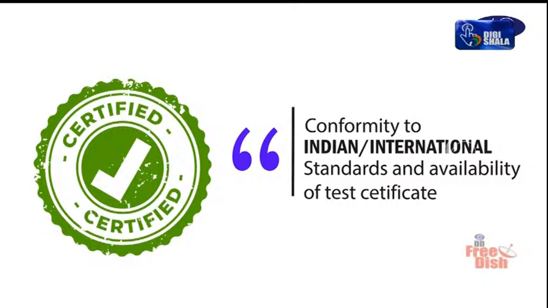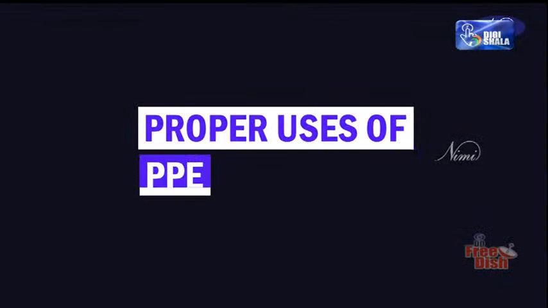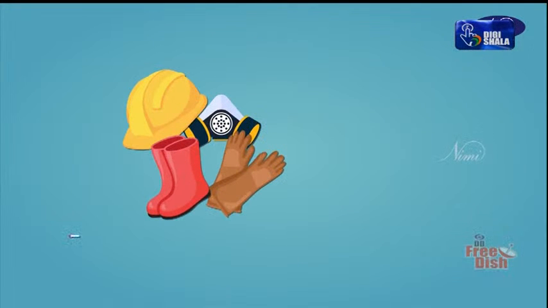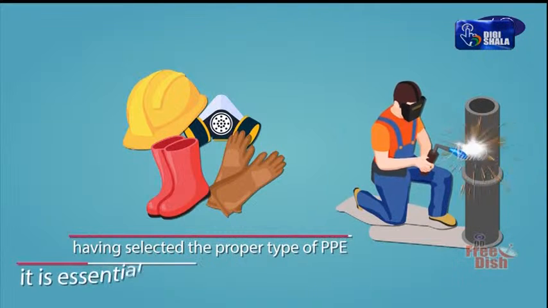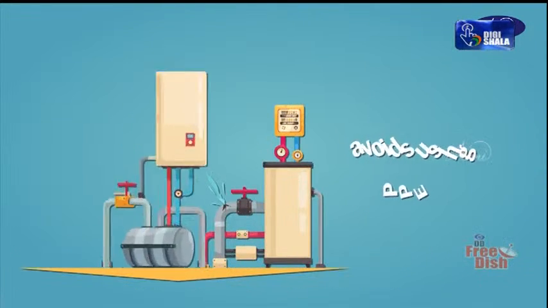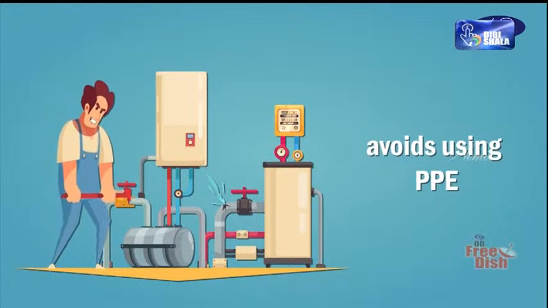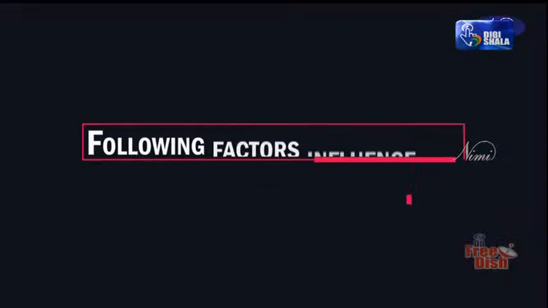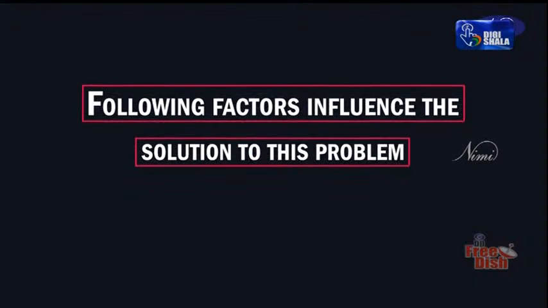Next, what we are going to see is the proper use of PPEs. Having selected the proper type of PPE, it is essential that the workman wears it. Often, the workman avoids using PPE. The following factors influence the solution to this problem.